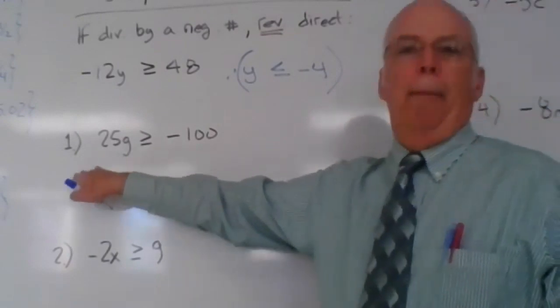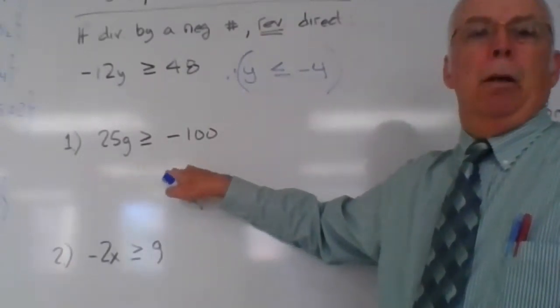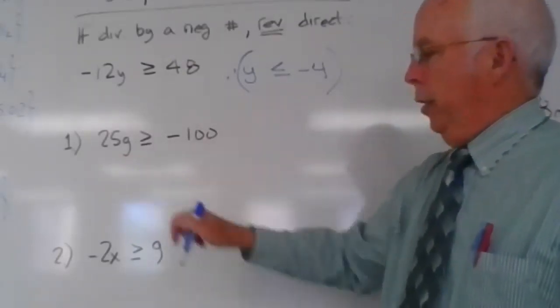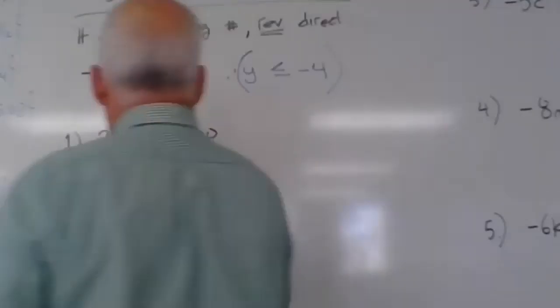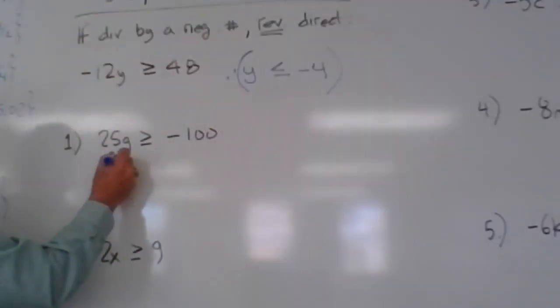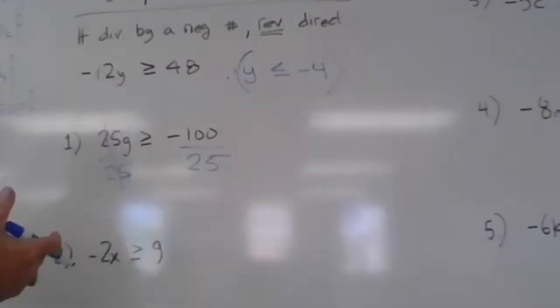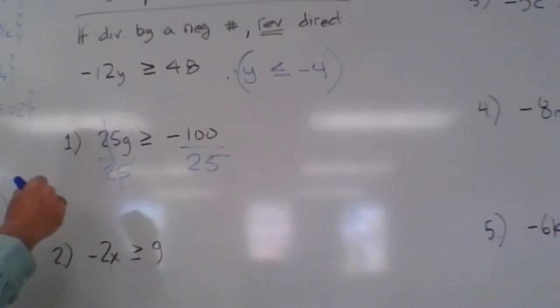Mr. Campbell, what are we going to do? How am I going to solve for g in this inequality? Divide by 25. All right. Is that a positive 25? Yes. So if I divide the left side by 25, I've got to divide the right side by 25. And the reason is anything over itself is always going to equal 1, right?